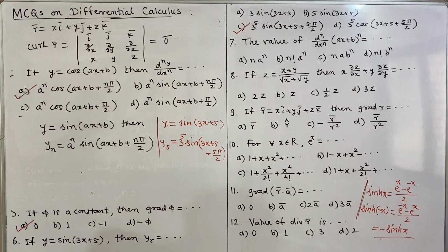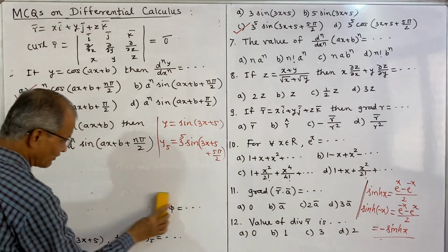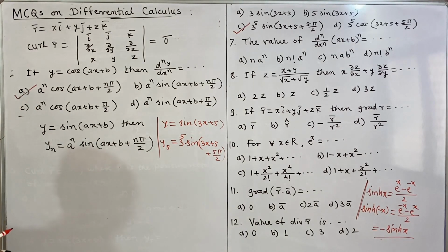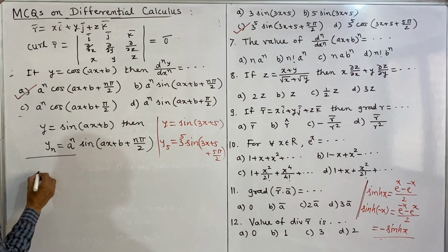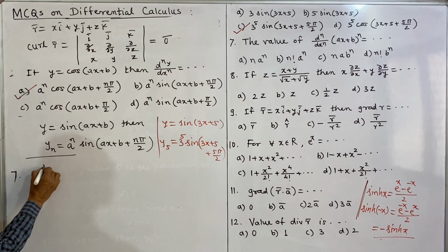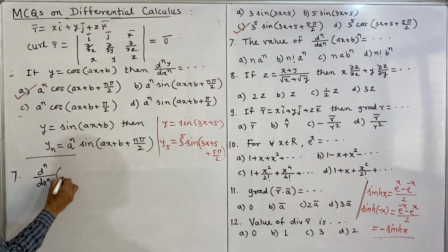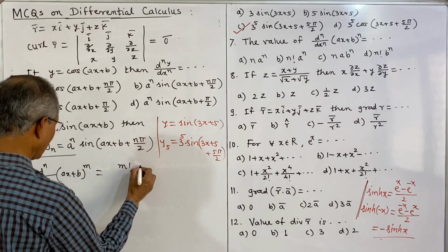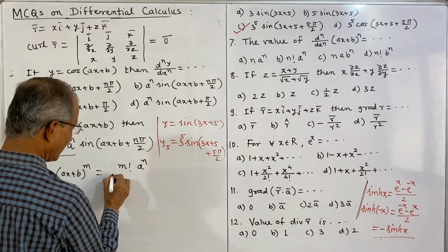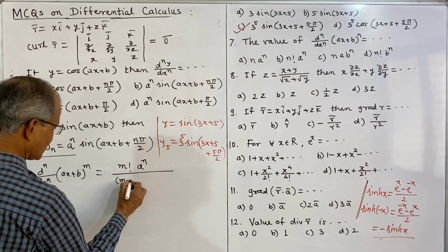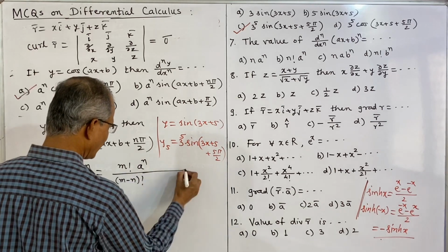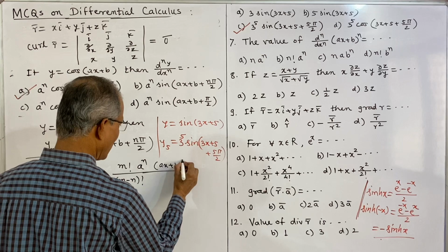Next one is the value of the nth derivative of (ax plus b) power n. Actually we have the formula for the nth derivative of (ax plus b) power m, which is m factorial a power n divided by (m minus n) factorial, into (ax plus b) power (m minus n).